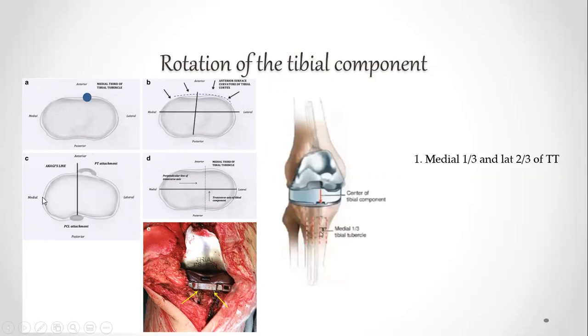If we put this from the medial to the lateral, and this is perpendicular, you can see that the most posterior and most anterior are not attached with that of the tibial tuberosity. So the attachment of the tibial component will be just at this point, where we can draw an angulation exactly here.